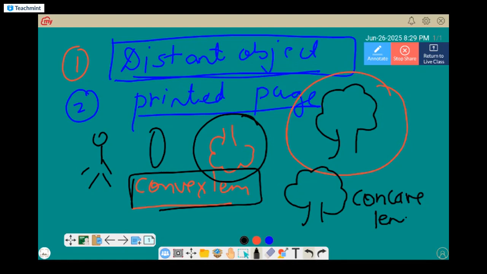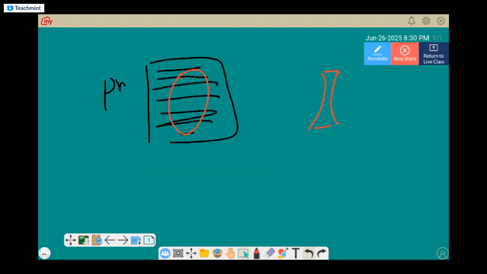Are you going to tell whether it's inverted or erect, or are you going to tell in terms of its size? For a convex lens, how will the size be? Now I give you a hint: a magnifying glass uses a convex lens. So if you take a magnifying glass, which is technically a convex lens, how will you see these letters?